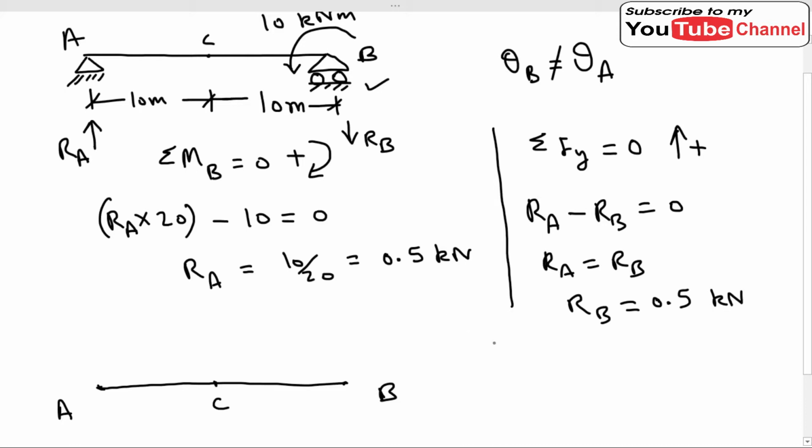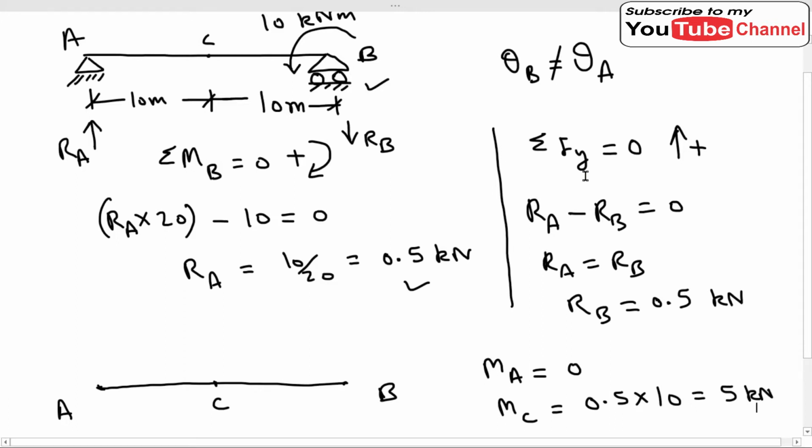Now the moment at A will be 0. And what will be the value of moment at C? You can see that RA, 0.5, times the distance, 10 meter, from A to C, so it will be 5 kilonewton meter.